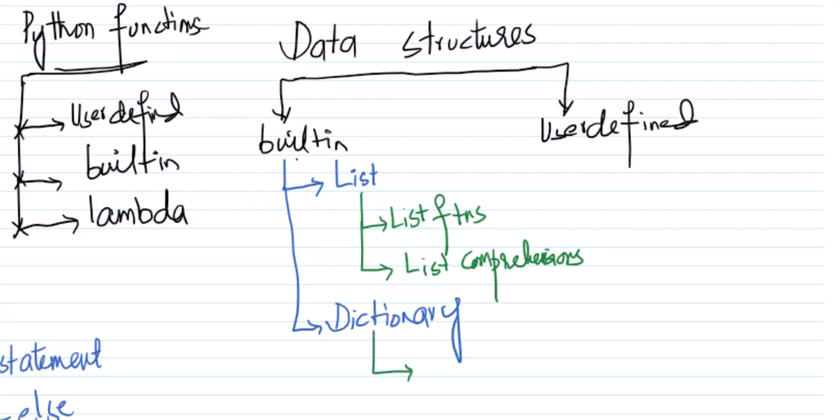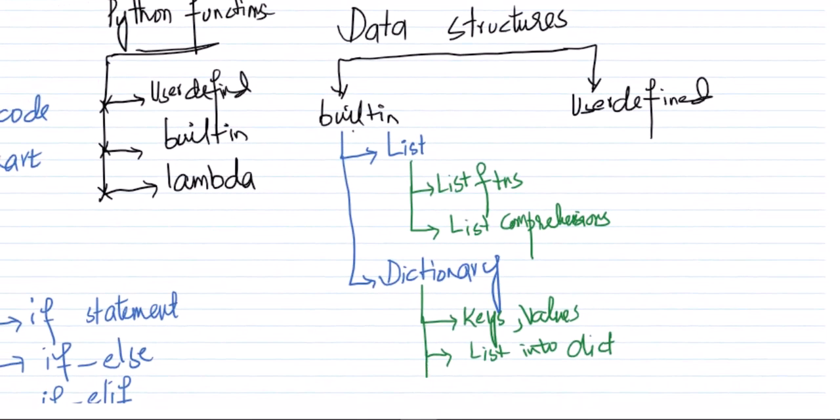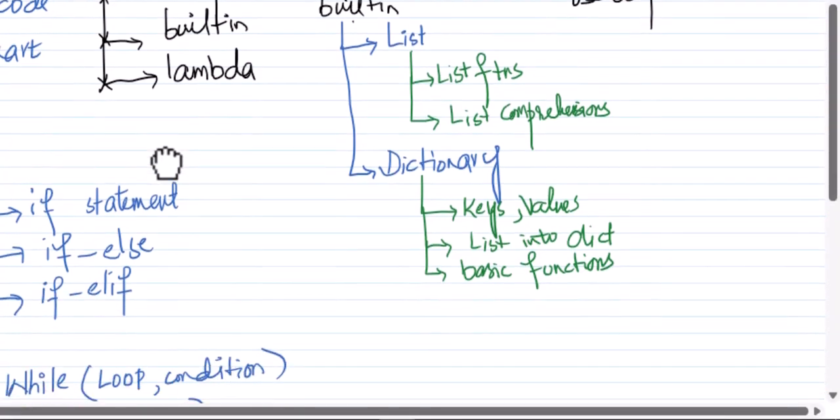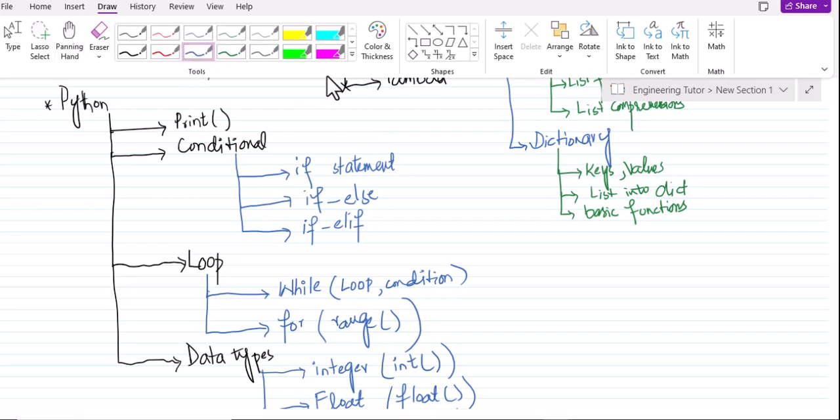We discussed what the keys are, what the values are, and how to convert a list into a dictionary, and what the basic functions in the dictionary are. So we have discussed all this stuff in dictionaries.